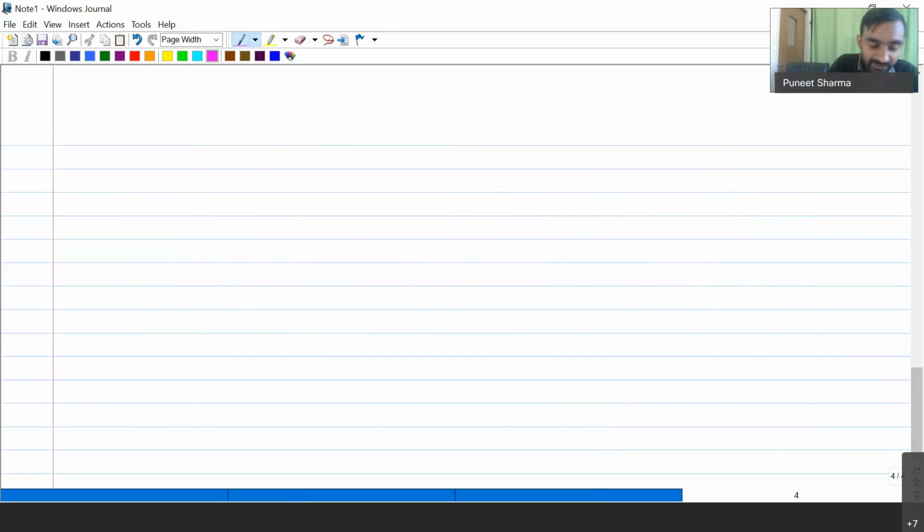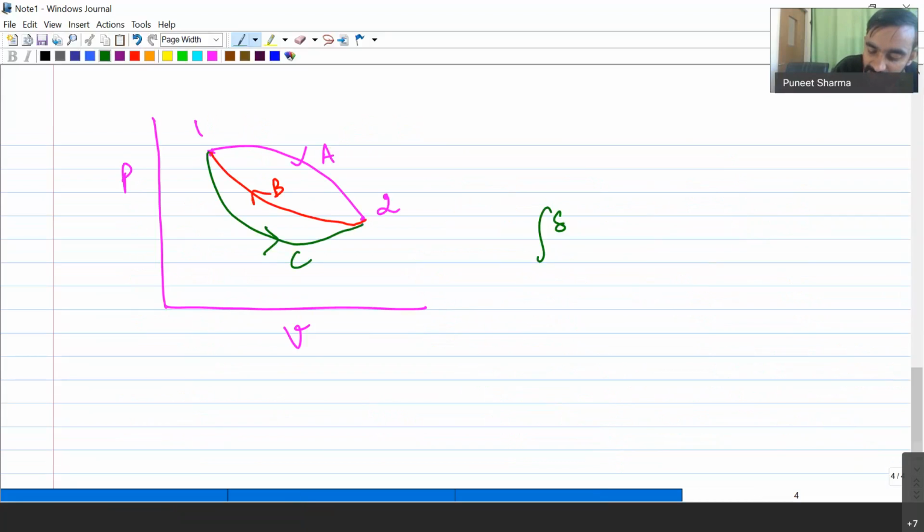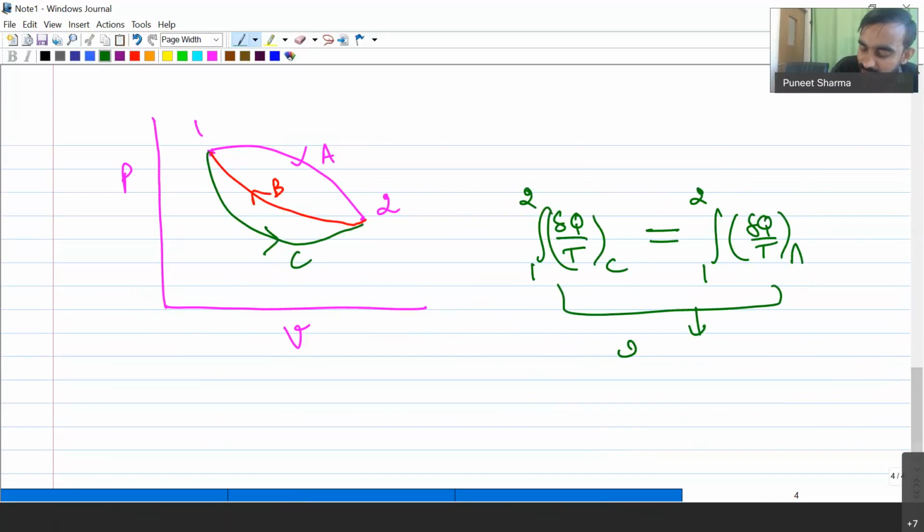But today I have applied the Clausius inequality between two thermodynamic states 1 and 2, first through path A, then through path B, and third through path C, and I have found that the integral del Q by T from 1 to 2 along path C is equal to the integral from 1 to 2 of del Q by T along path A if all the processes are reversible.